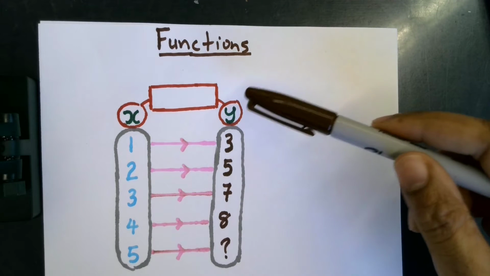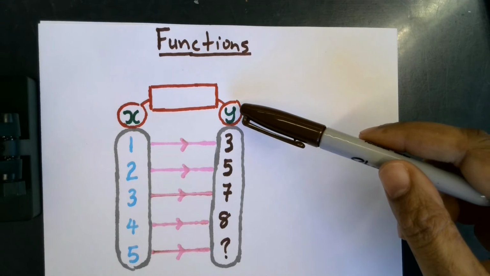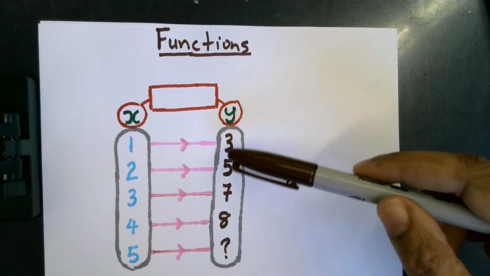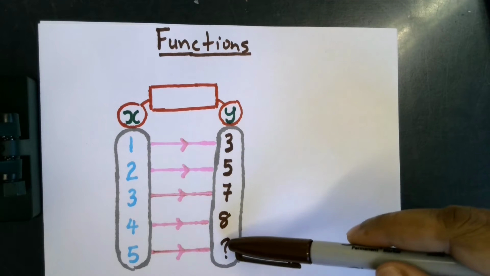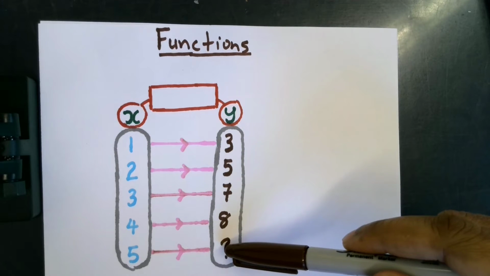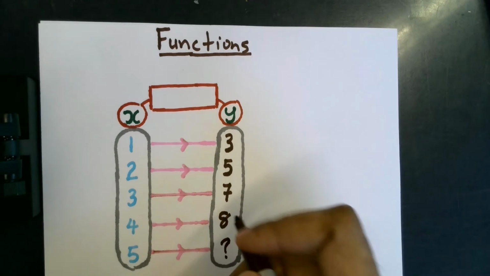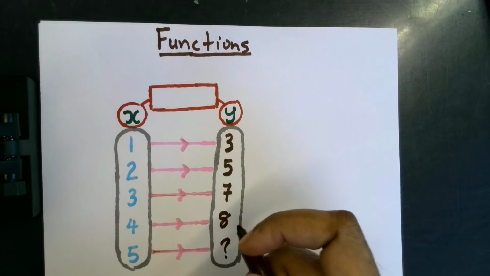Yes? And Y is a set that contains 3, 5, 7, 8, and an unknown number. I see a mistake right here.